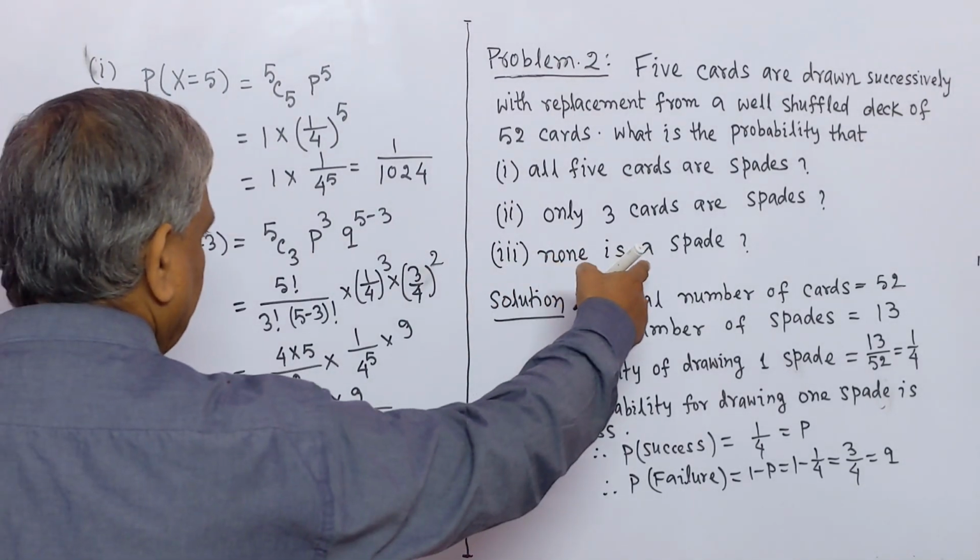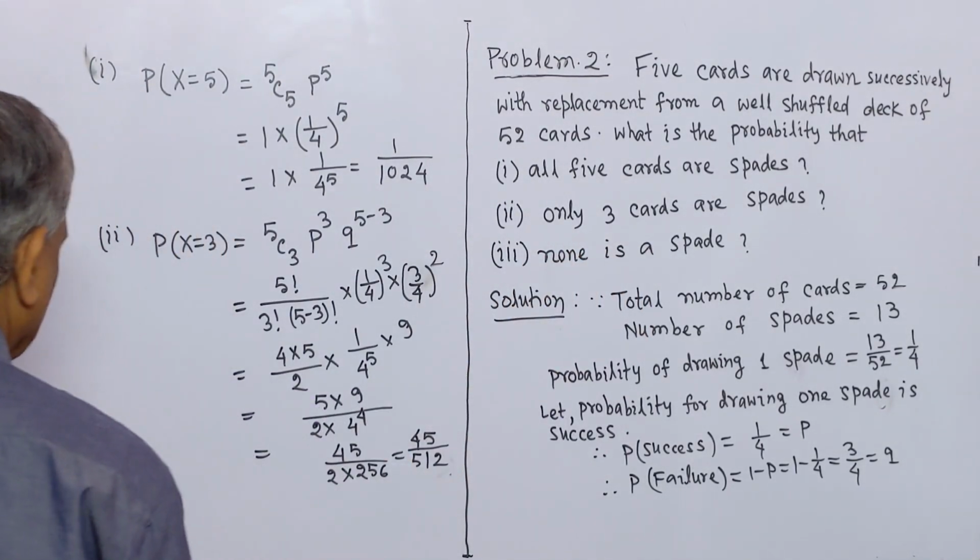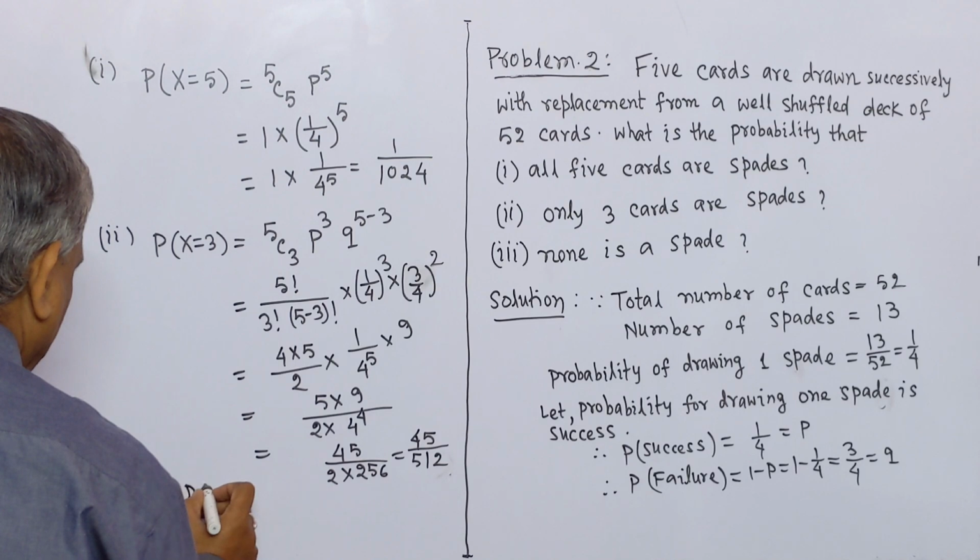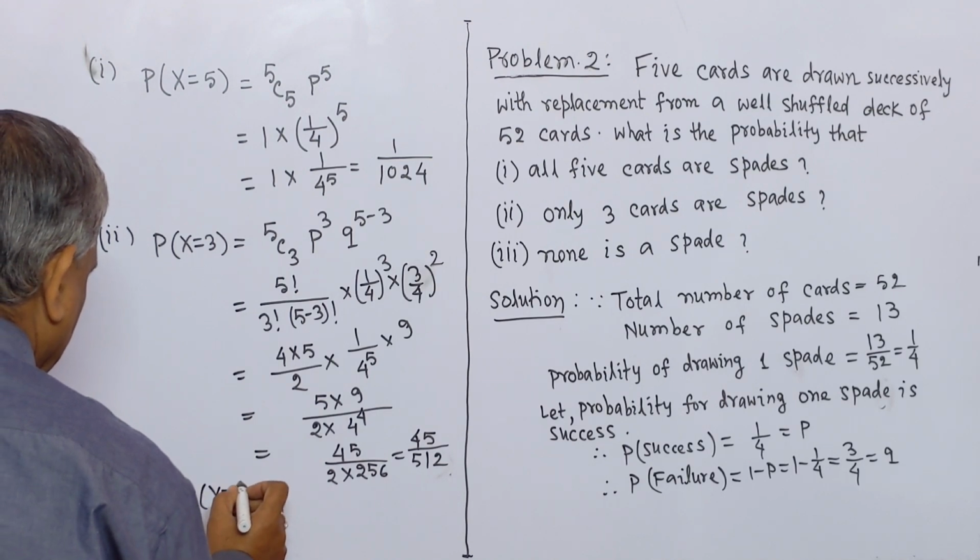Number 3. None is a spade means spade 0. So probability for x equal to 0.